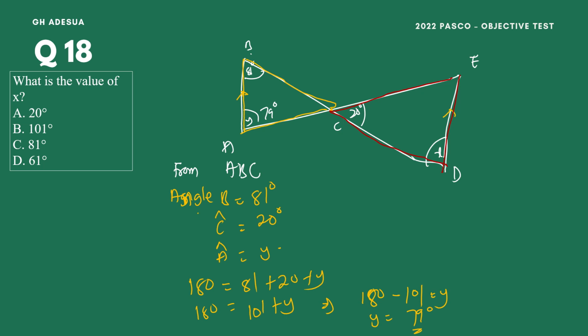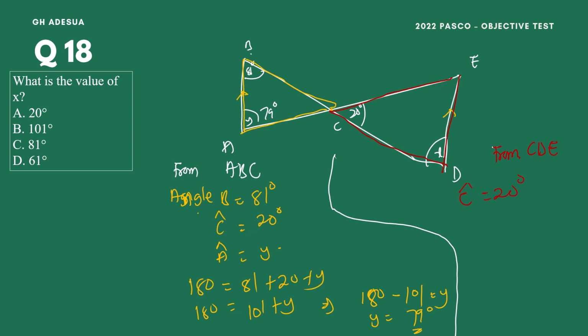So from triangle CDE, we know that for angle C, as already stated, vertically opposite, C is still 20 degrees.